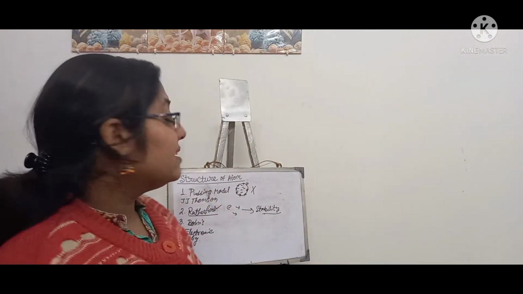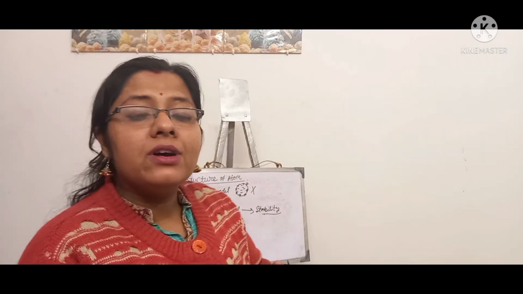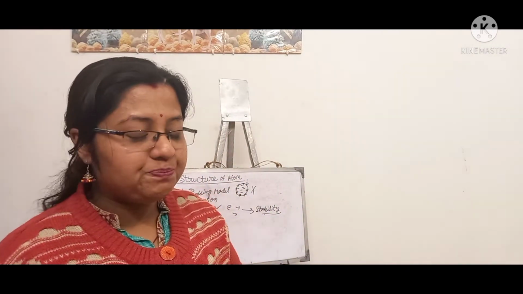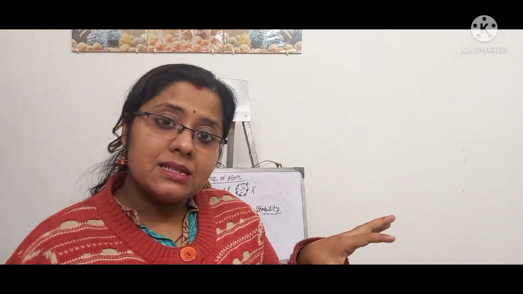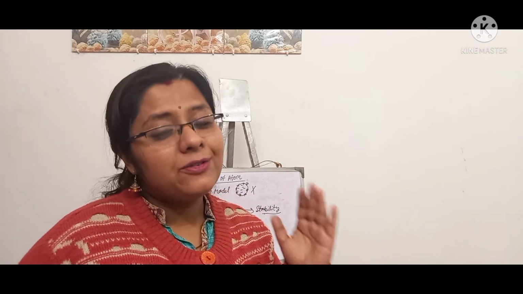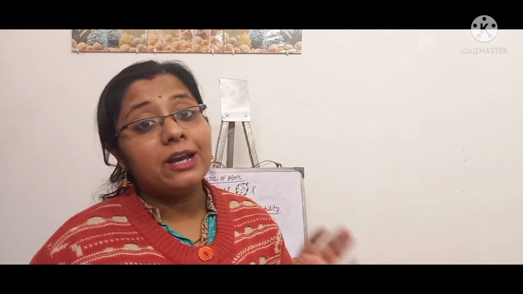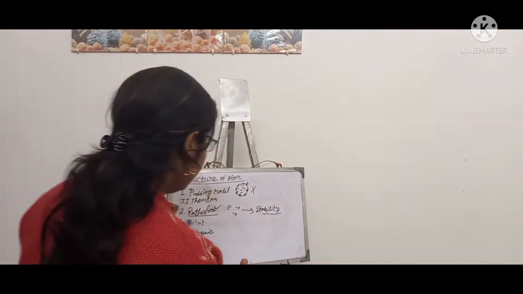After that, the scientist Bohr came and he gave the proper structure as well as the proper statement regarding the stability of the atom. According to him, the electrons revolve around the nucleus in different energy levels, and the energy levels are denoted by K, L, M, N, etc. What is that?